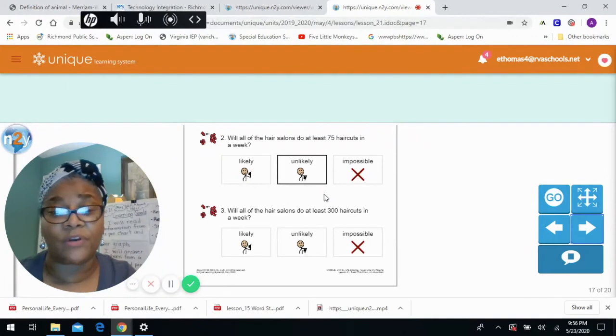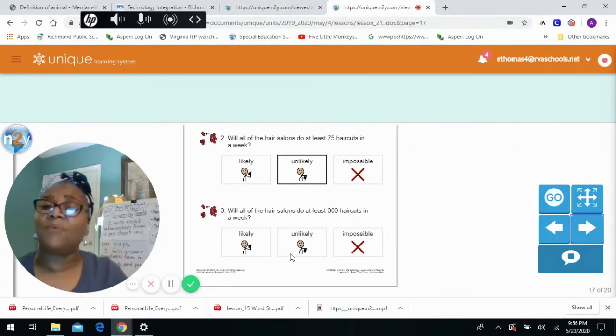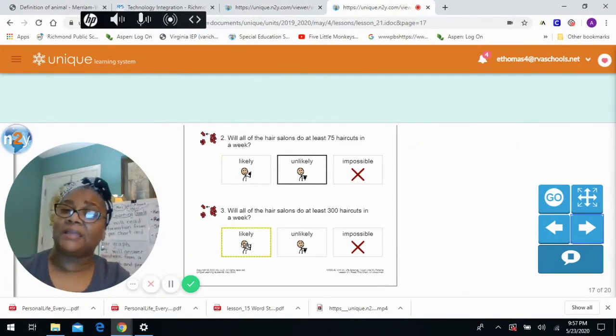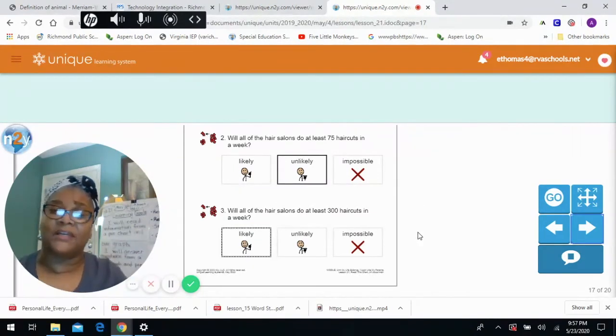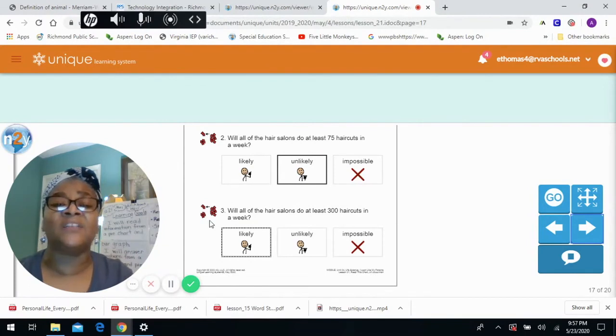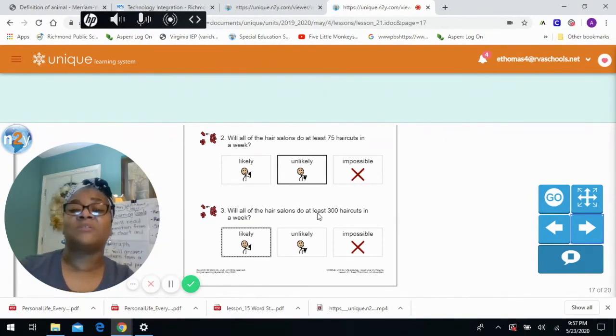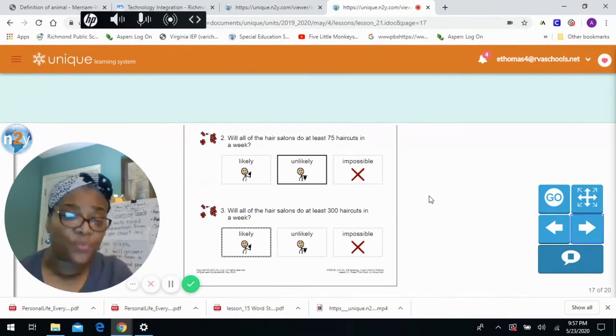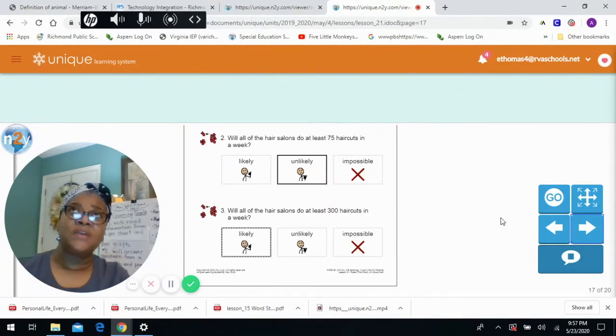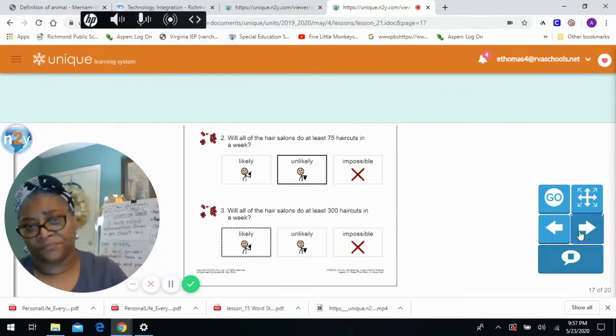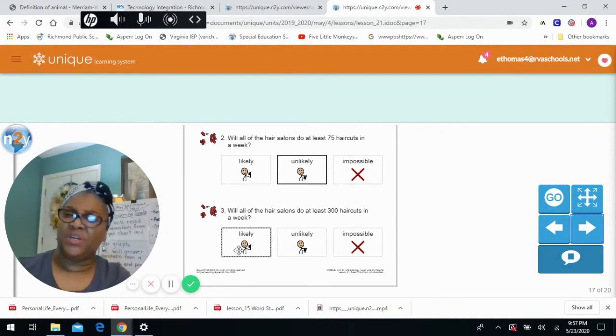If they're working on Saturday, I would say that would be likely. It depends on how many people you have in there cutting hair. It says all of the hair salons do at least 300 a week. Okay. Is that likely?